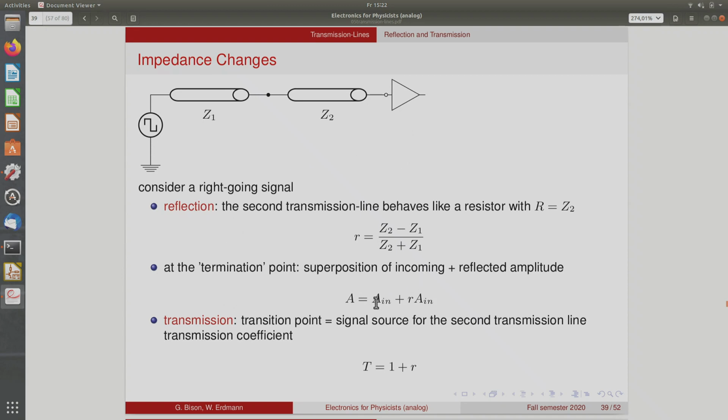So the amplitude that you have then traveling down the second line is the sum of the incoming and the reflected, which is 1 plus R times the incoming. And this combination of 1 plus R is called the transmission coefficient, okay? So you have a reflection coefficient, and 1 plus R is called the transmission coefficient. So you have part of the signal being reflected back, and another part travels on in the second cable.